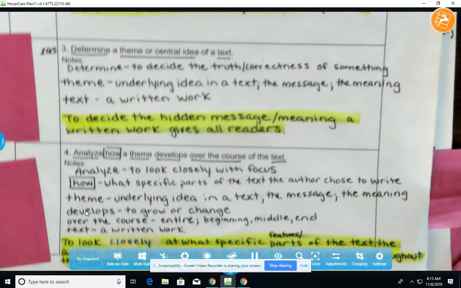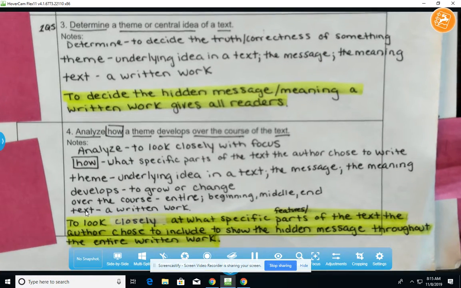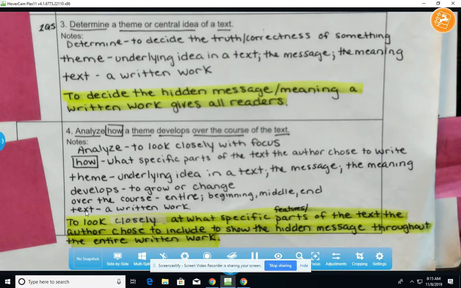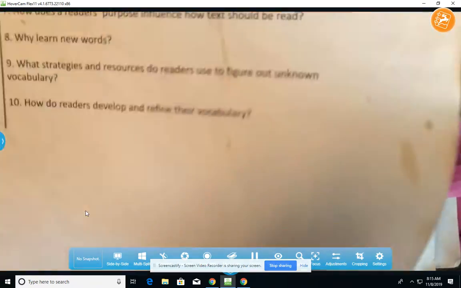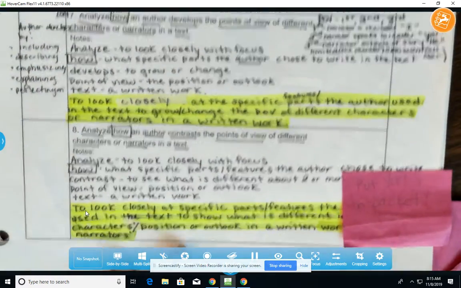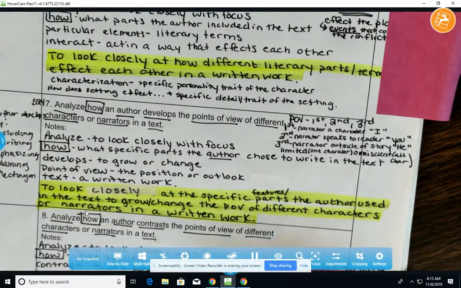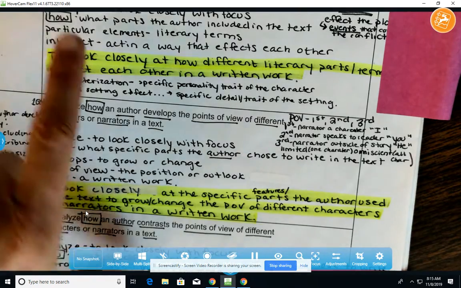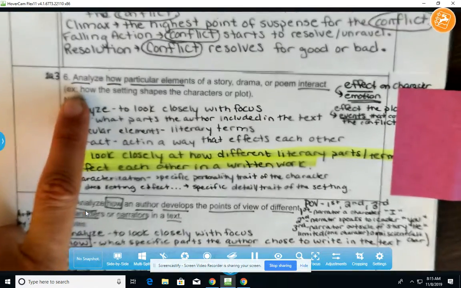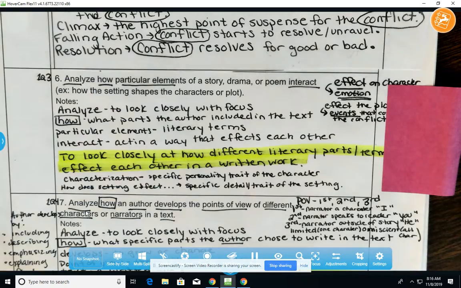Which takes us to learning targets 3 and 4, to determine what the theme is in a piece and to analyze how that theme develops over the course of that poem. As we do phase 2 and 3 of the reading, we will be connecting multiple elements of a poem. So we are looking at learning target number 6 to analyze how those elements interact.